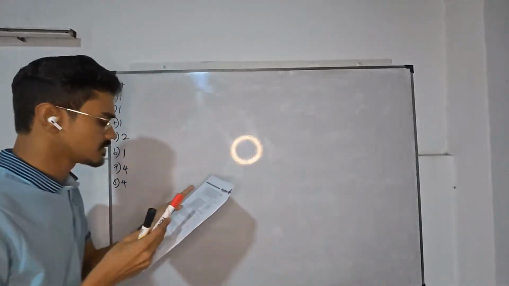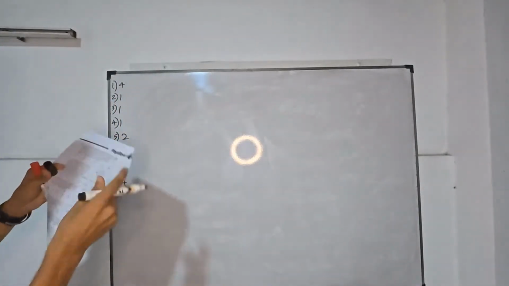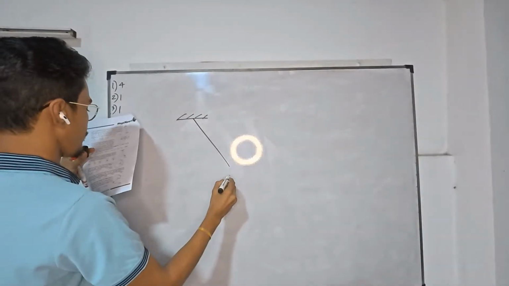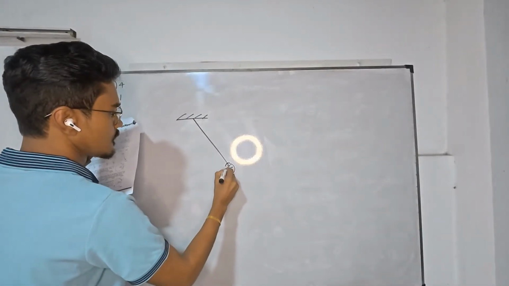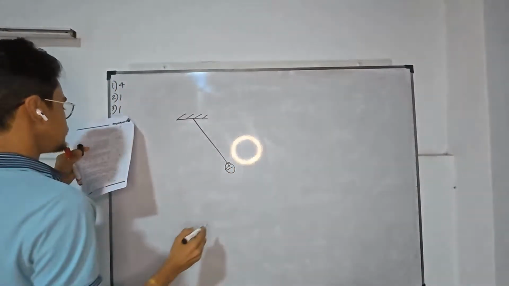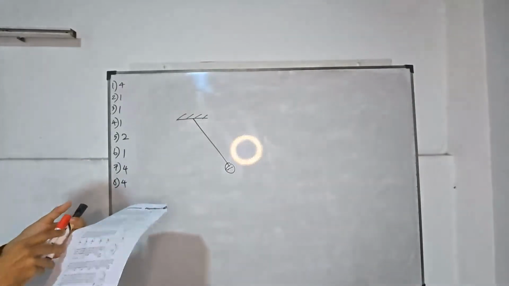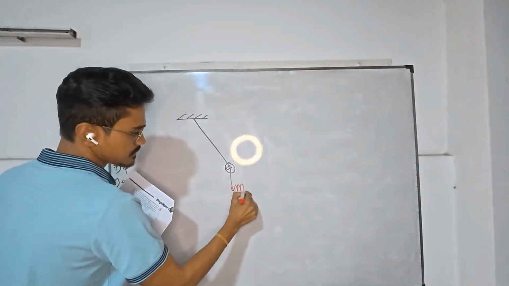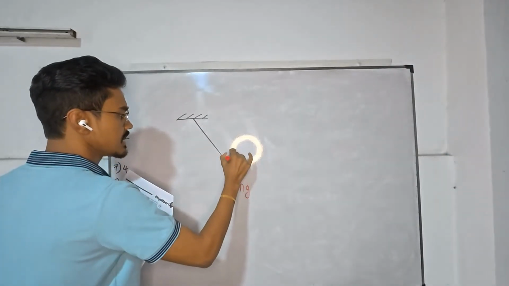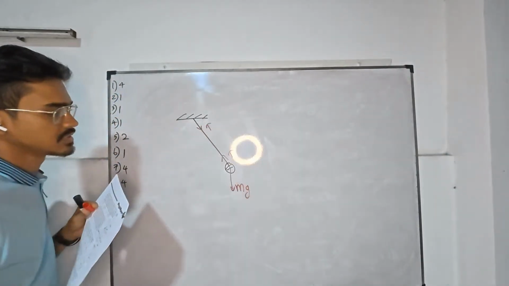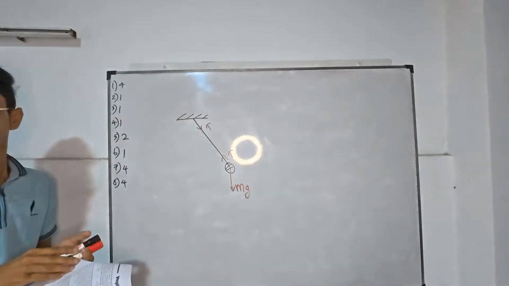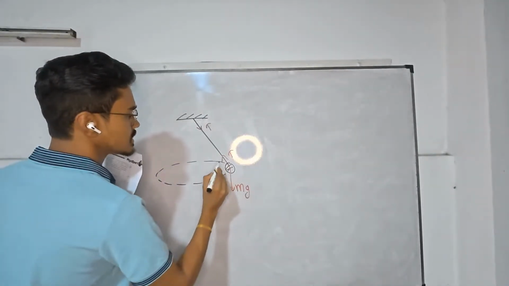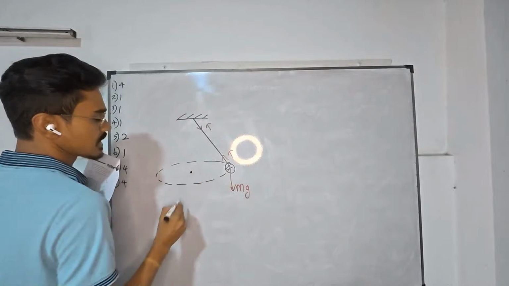So look at question nine. If it undergoes a circular motion, check what forces act here. Mg acts, and since there's a string, tension acts. The horizontal circle is this, so the center of the circle is somewhere here.